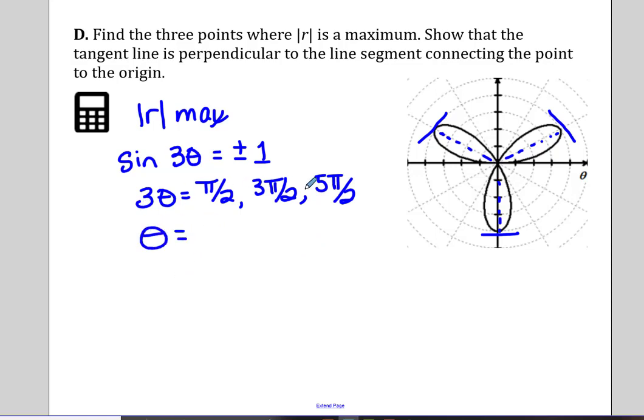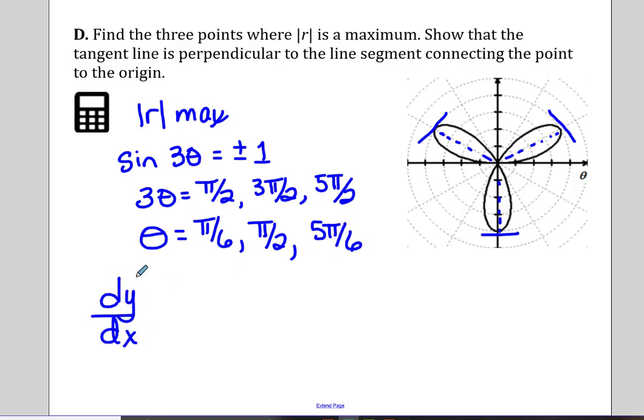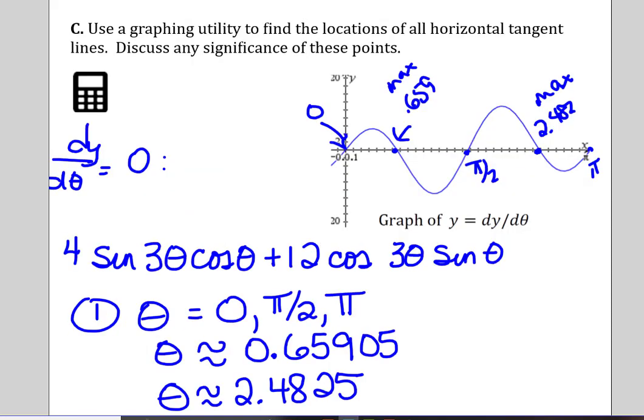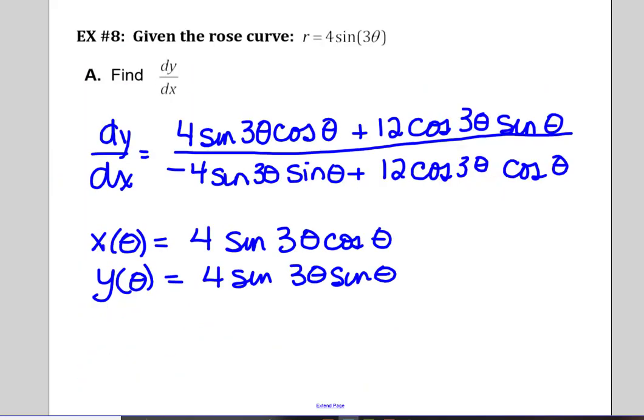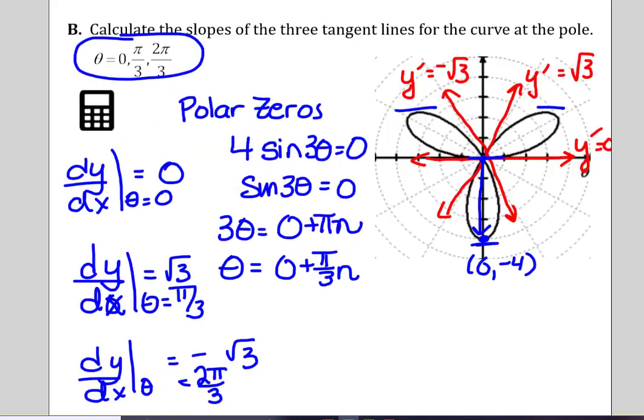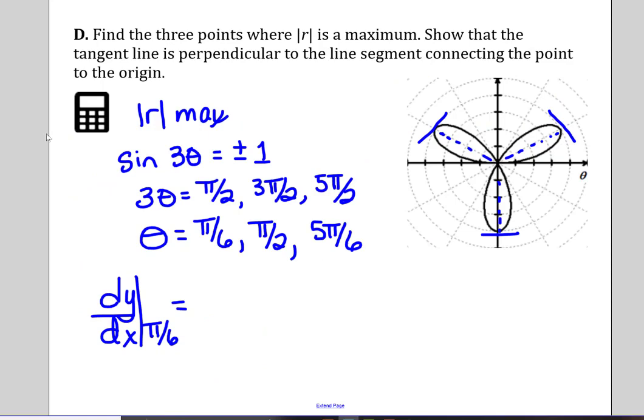So dividing each term by 3, theta would be pi over 6, pi over 2, and 5 pi over 6. So dy dx at pi over 6, I'm substituting this information into my dy dx, which was back here. I have this pre-programmed into my calculator, and you can check that I'm doing this correctly.